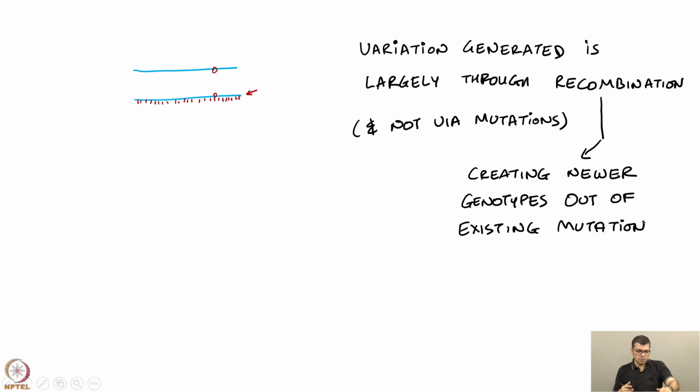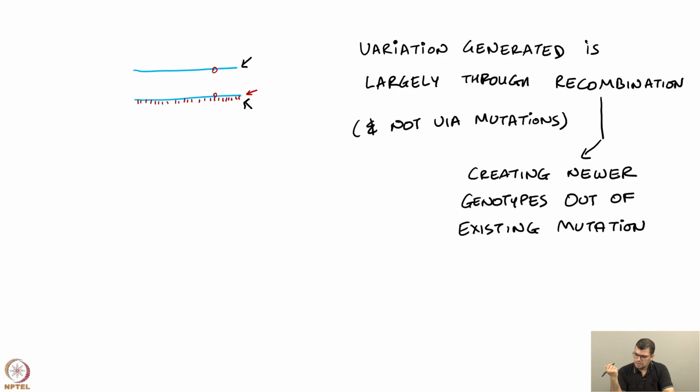Remember that if the two copies of the DNA were exactly identical to each other, then recombination does not generate diversity, then mutation is the only source of diversity. Recombination is able to generate newer and newer combinations of mutations because there exists considerable variation as it is in the population.